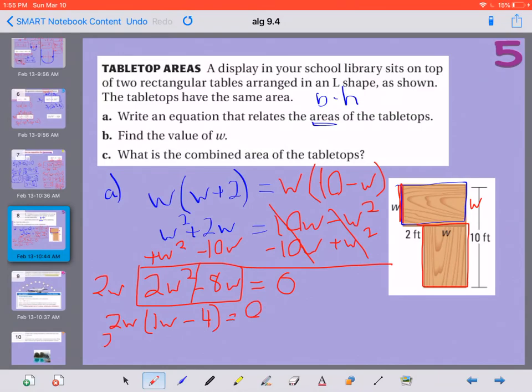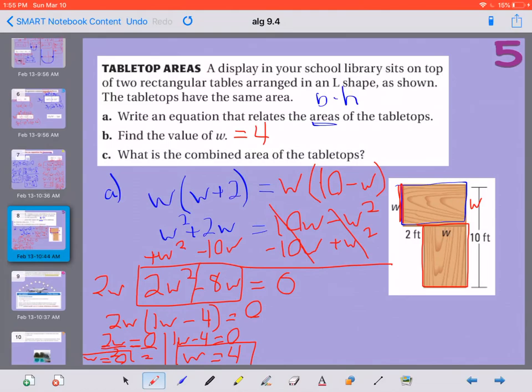So it would be 2W equals 0, and W minus 4 equals 0. I divide that by 2. W equals 0, which doesn't make sense to have a length of 0. So if I go over here and add 4, I get W equals 4. Now that makes sense to have a length. So the value of W here is 4.